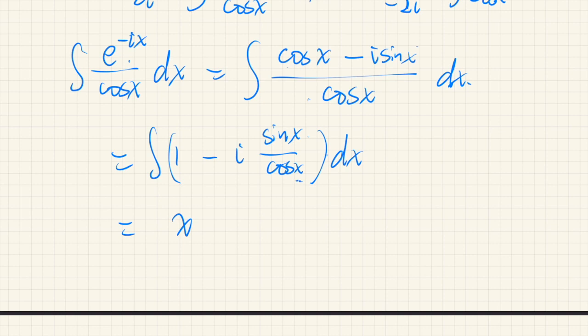So here we see a negative sign, and we see cosine x prime over cosine x.